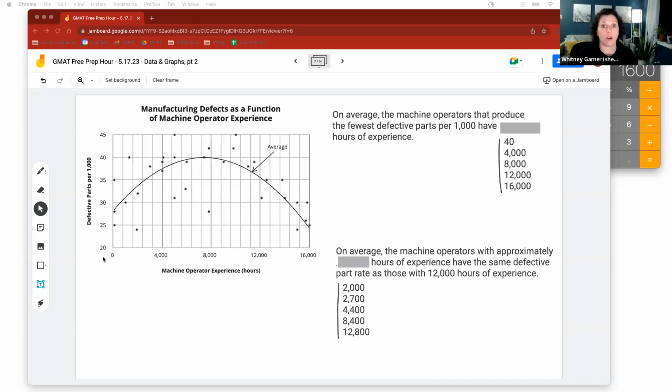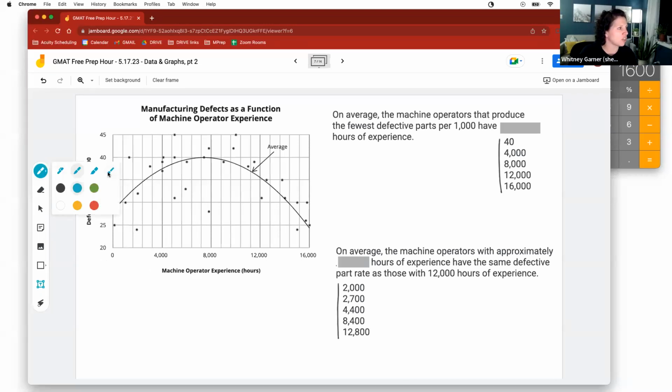Down the left, on the vertical axis, we have defective parts per 1,000. And then we've got a curve, which in this case is apparently representing average. So the curve is a trend line. Sometimes we'll see a trend line that shows correlation, negative or positive, or scattered, but here they're giving us a trend line that just happens to be a curve.